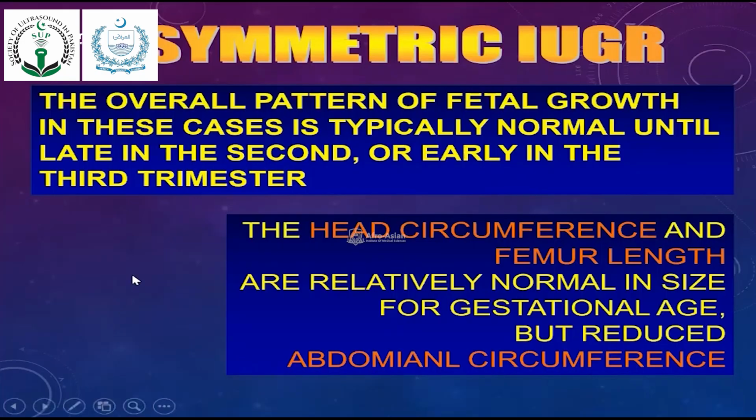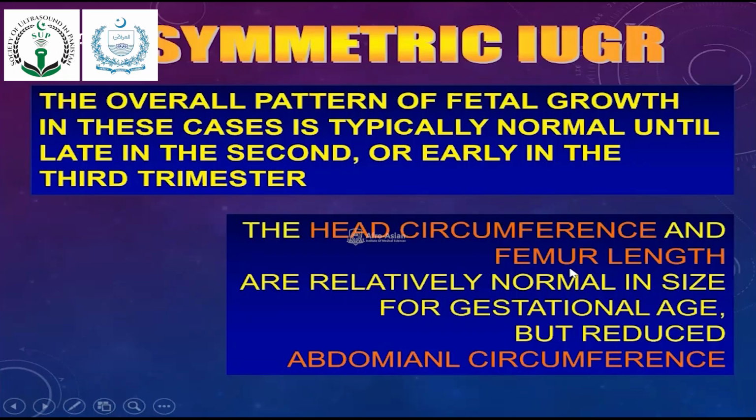Whereas in asymmetric IUGR, the overall pattern of fetal growth in these cases is typically normal until late in the second or early in the third trimester. So the onset is usually at 28 weeks of gestation.